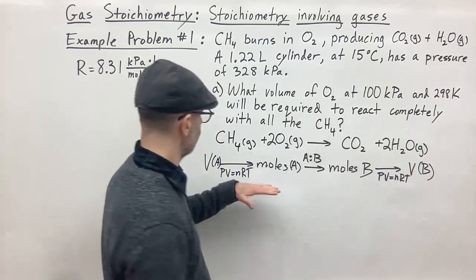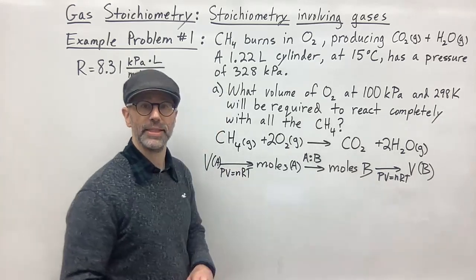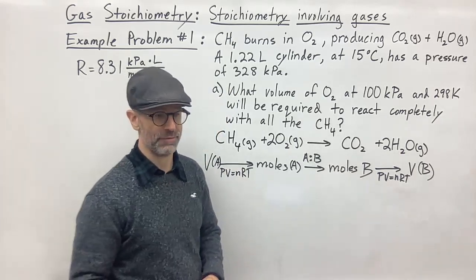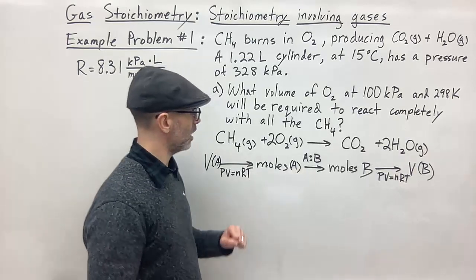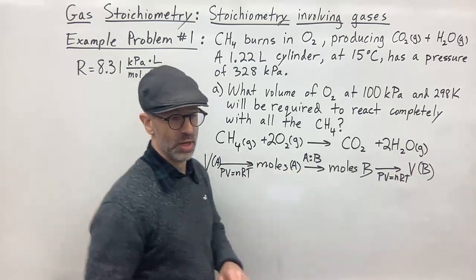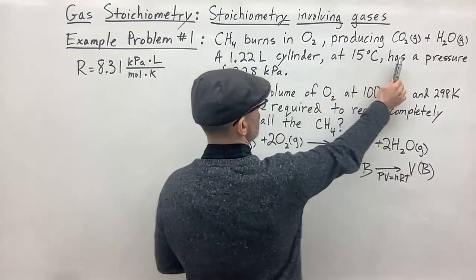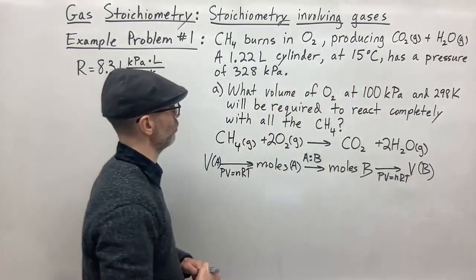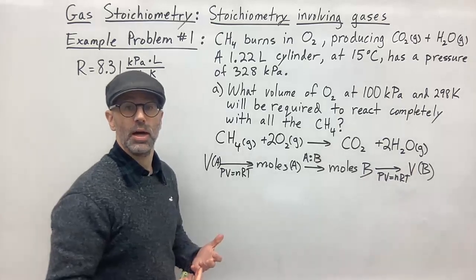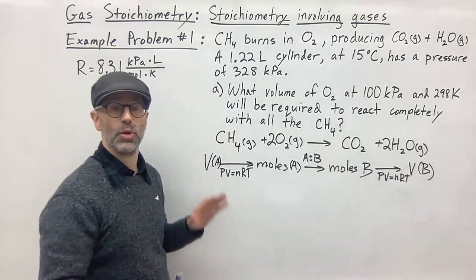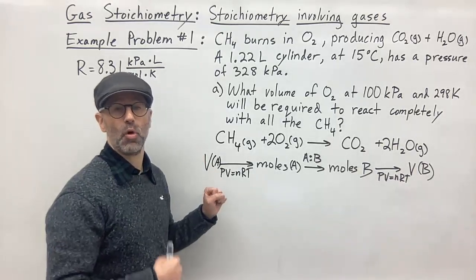So this is our roadmap. The first thing we want to do is take the information and find out how many moles we have. We want to start with moles of CH4, right?